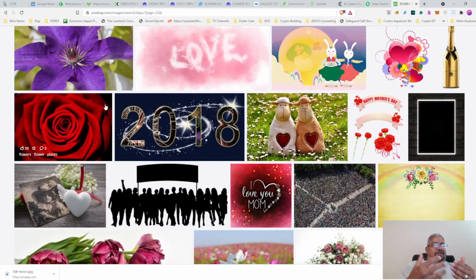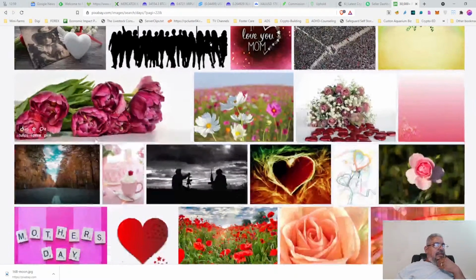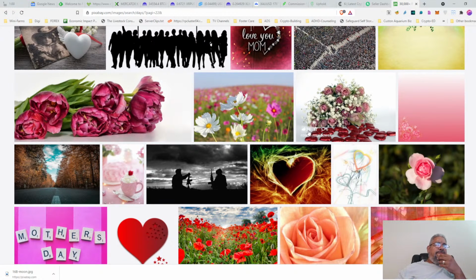So you can create a whole different types of things with the weirdest of graphics that you would never have thought of. Who would think of making a game out of flowers? A flower trading card game, for example, to keep it simple. Who would think of doing that? That's actually a very good idea.